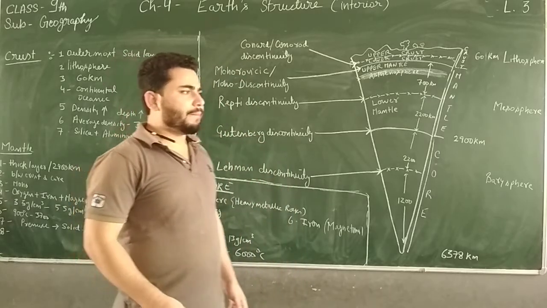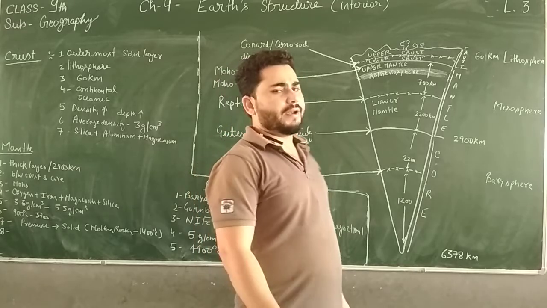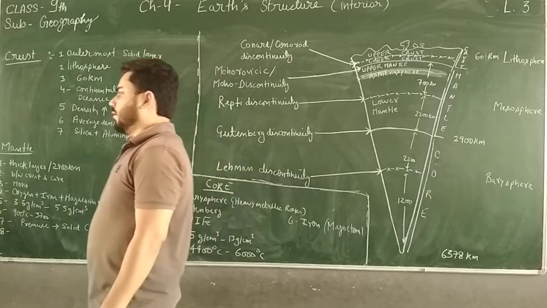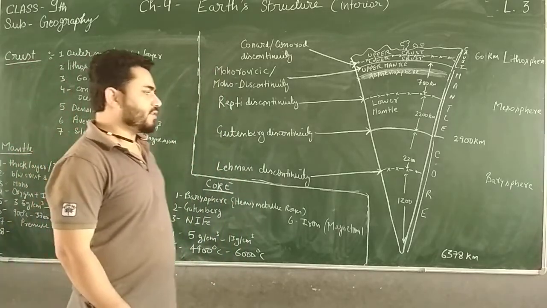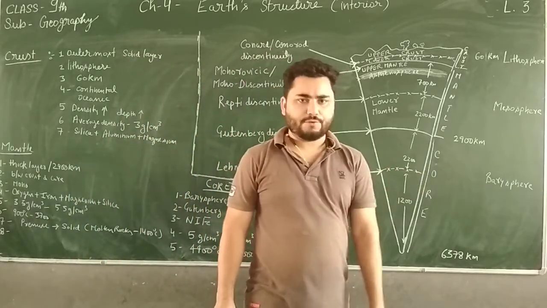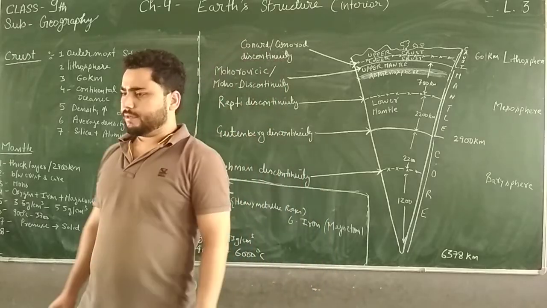Below that there are the heavy metals like oxygen, nickel, iron and magnesium, right? Then we studied that the third layer, the major layer of Earth's composition, is nife, which is composed of nickel and iron.